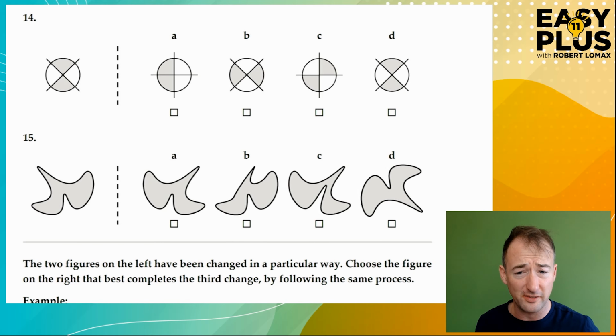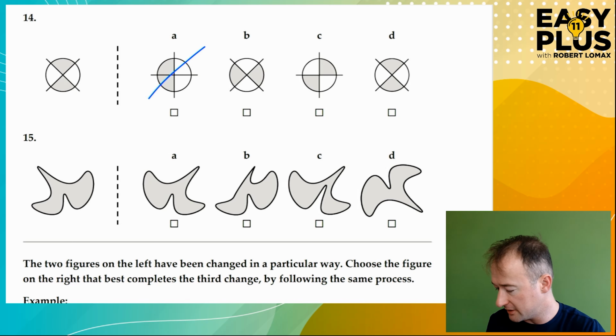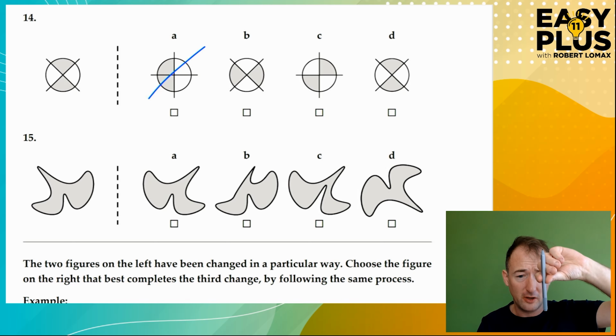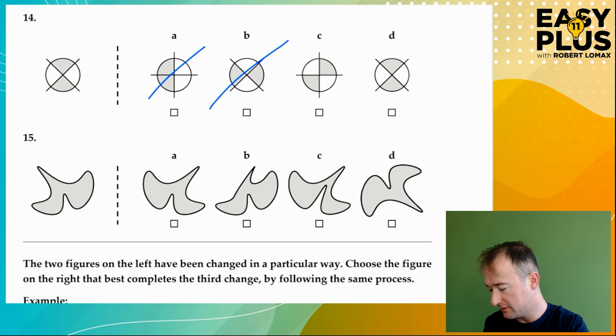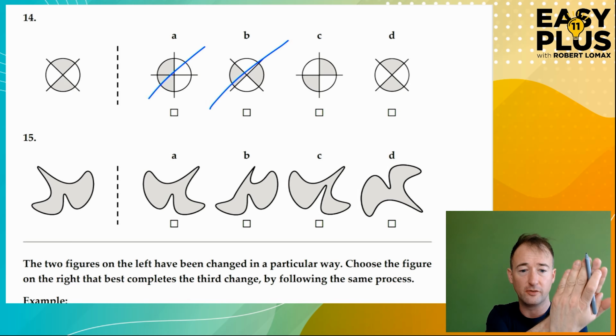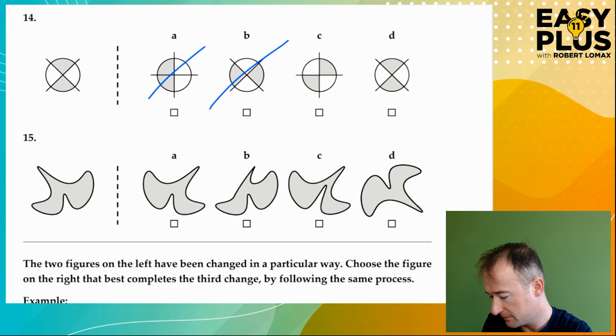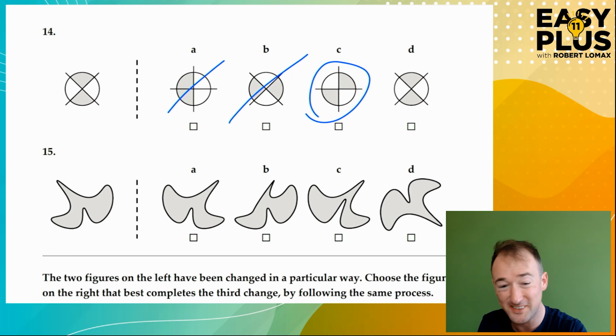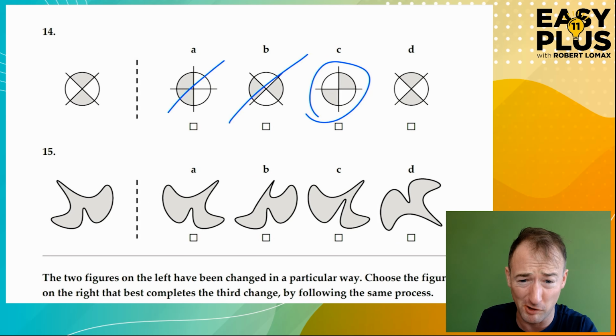Okay, you've got the hang of these by now. I'm not going to waste a lot of time explaining why A is wrong. It's obviously completely different. Okay, B is a rotation, right? It's been turned around through 90 degrees. That isn't a reflection in the vertical mirror line. It just isn't right. And actually looking at C, we can see the same sort of problem, okay?